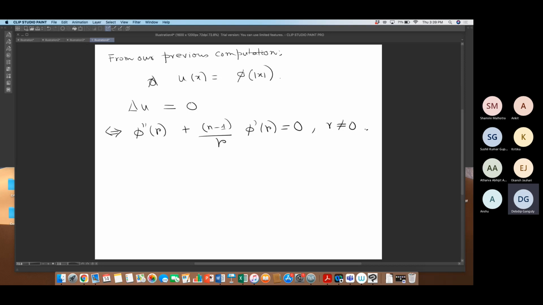Yes or no? Yes, sir. Now I can multiply the equation by r to the power n minus 1, so r to the power n minus 1 phi double prime plus n minus 1 times r to the power n minus 2 phi prime of r equal to 0, r not equal to 0. This I can write as r to the power n minus 1 phi prime of r, whole derivative with respect to r, equal to 0. Yes or no?